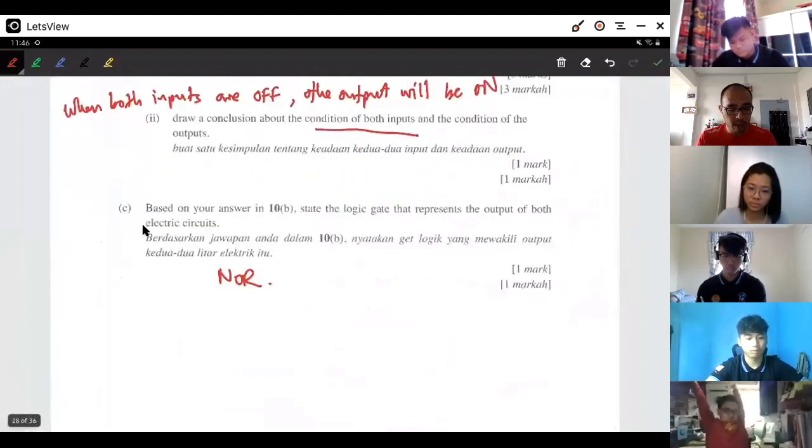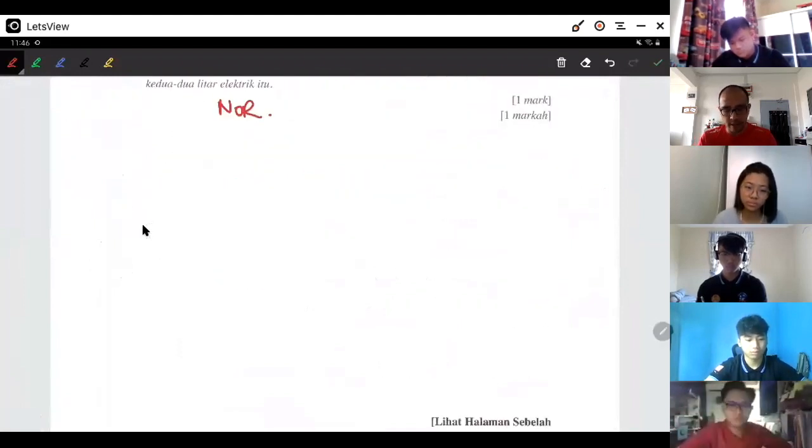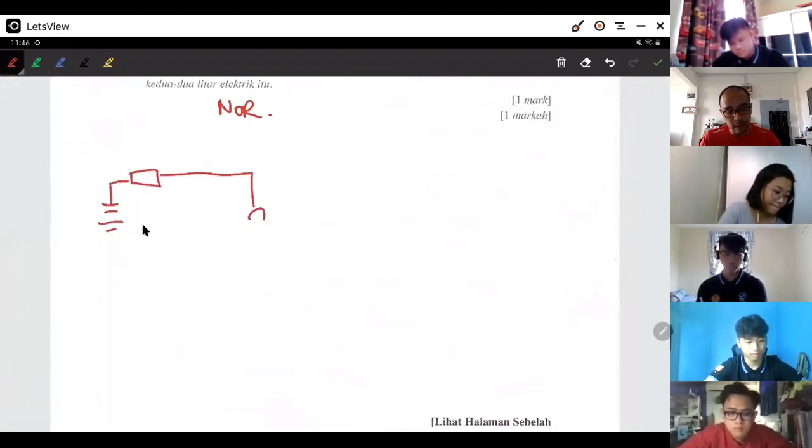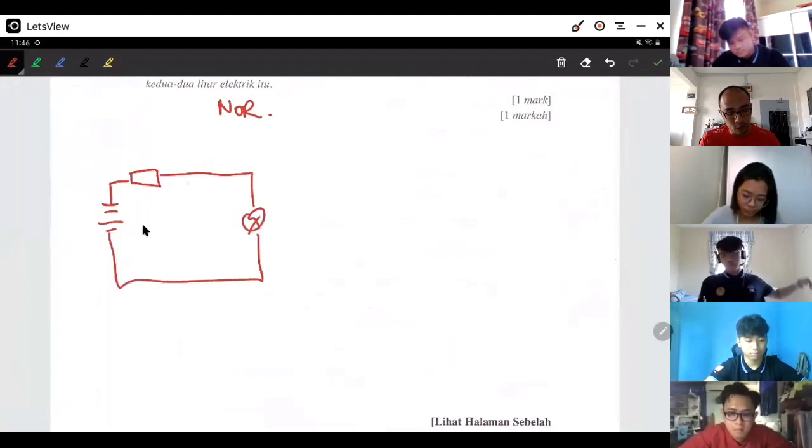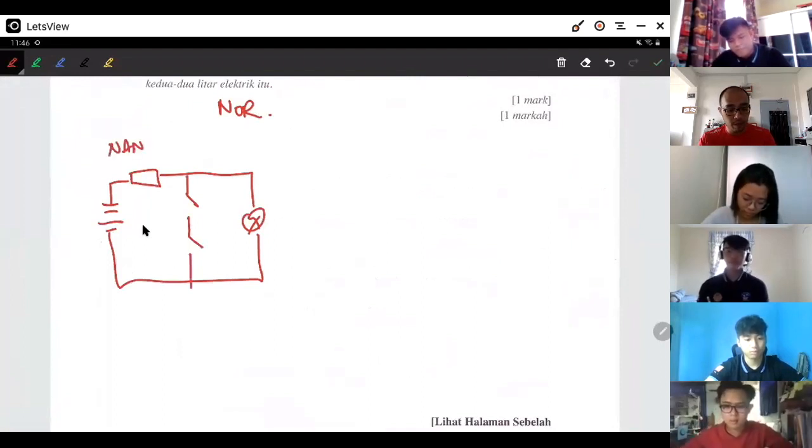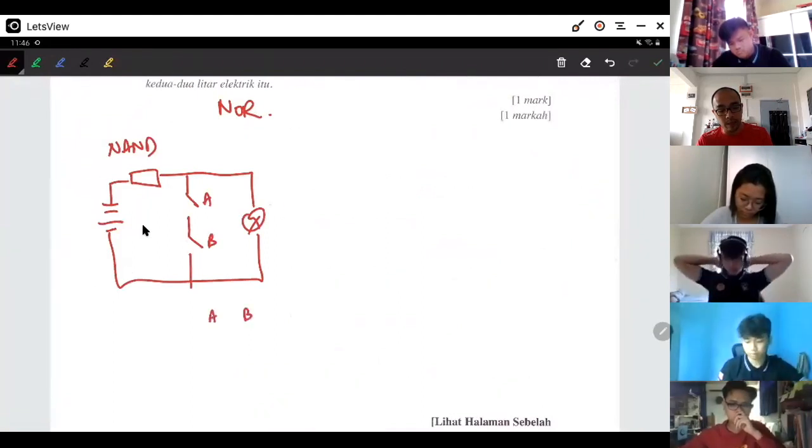Just to remind you, in case it comes out, the NAND gate arrangement is like this: the bulb is over here, but there will be two switches in series. For the NAND gate to happen, both switches must be on, A and B, and then this is the bulb.